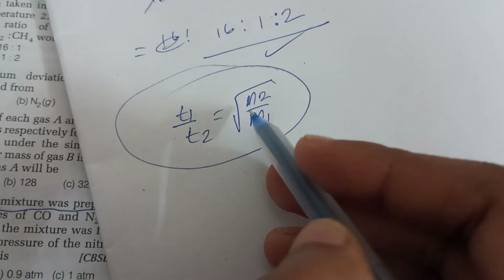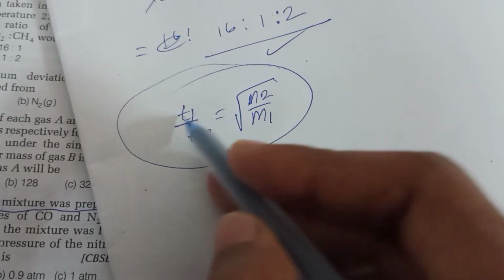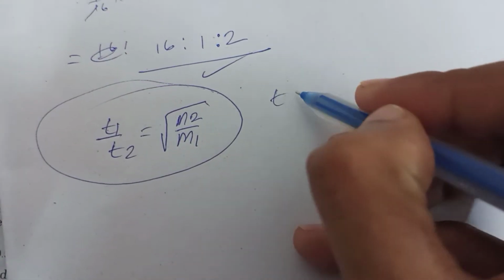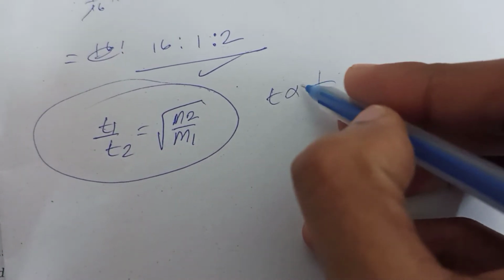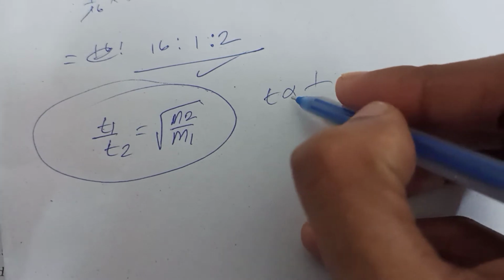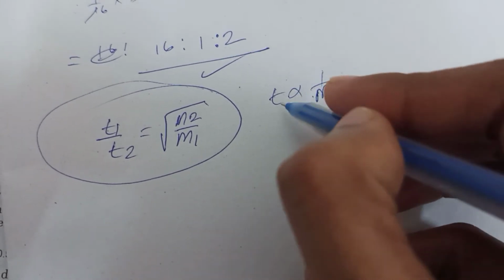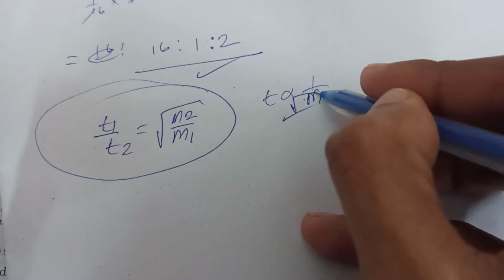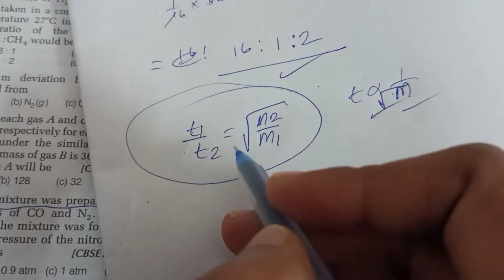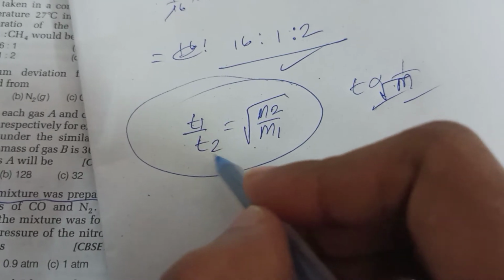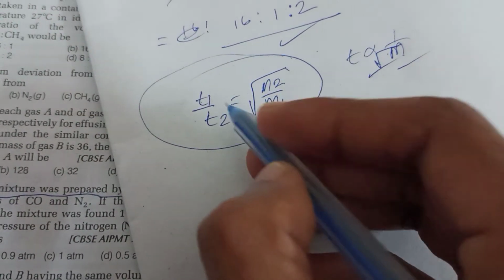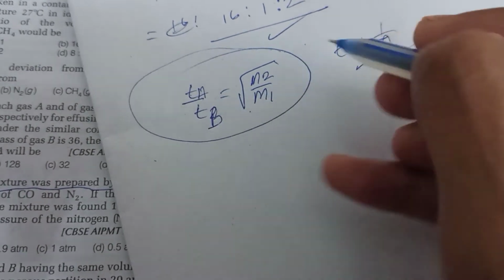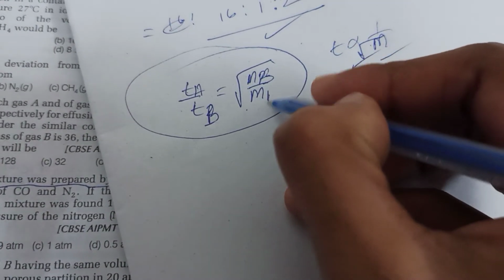Time is proportional to molecular mass, that is, T is proportional to root over M. Now I write this equation and put the values: TA and TB, MA and MB.